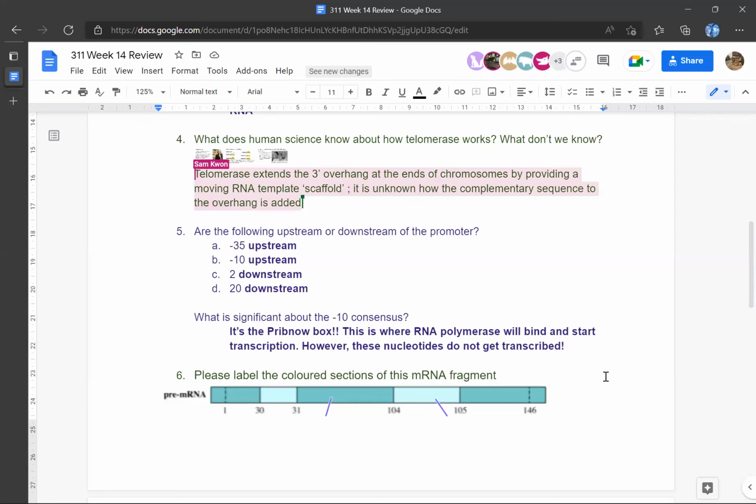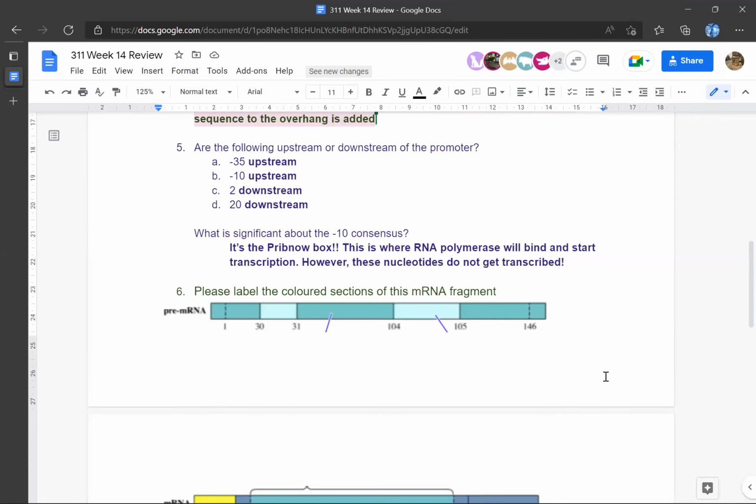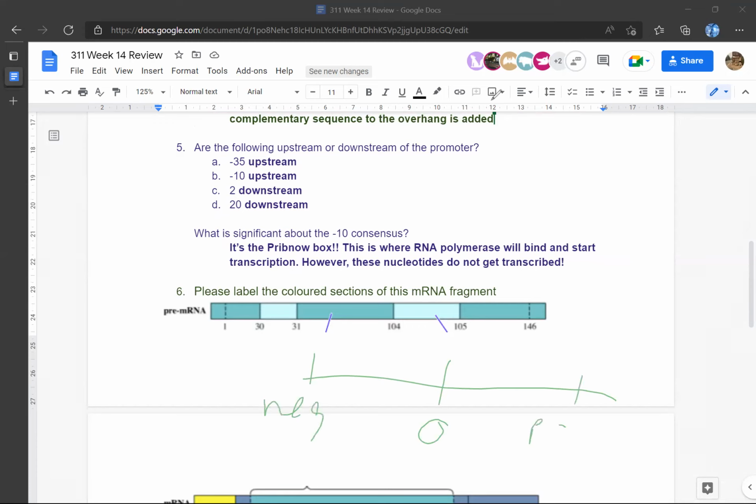Oh, and if you ever are confused about the upstream downstream thing, think of it like a number line, where you have 0, then negative numbers and positive numbers. If 0 is the transcription start site, you're going to be transcribing the positive numbers, and the negative numbers are where you have your regulatory elements.